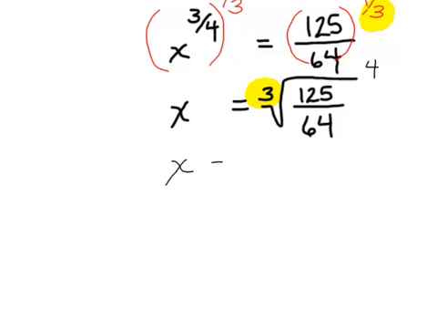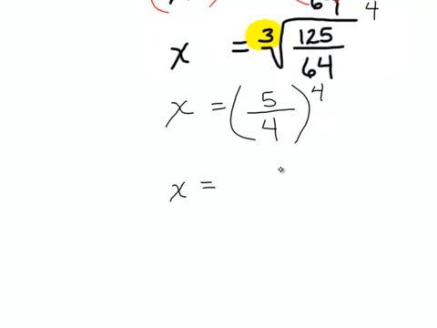The cube root of 125 is 5. The cube root of 64 is 4. But don't forget, it's still raised to the 4th. Now I do have to use a calculator here. I guess I really don't have to, but 5 to the 4th, well actually that's 625.